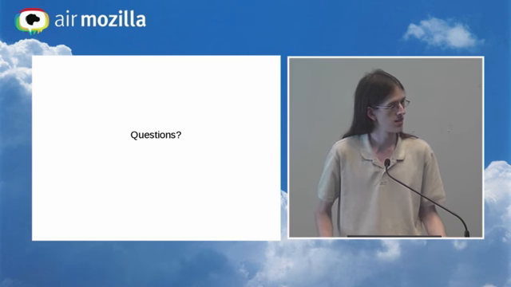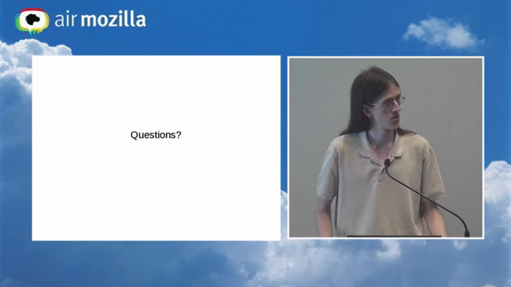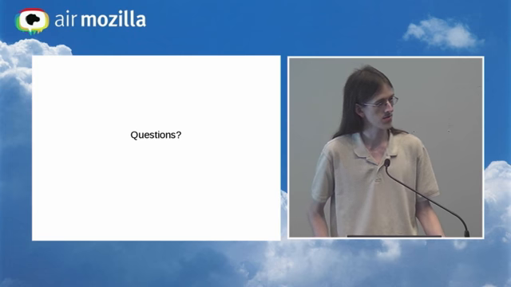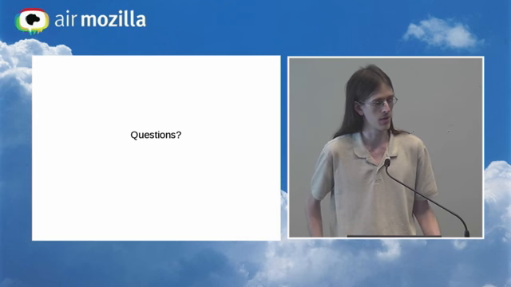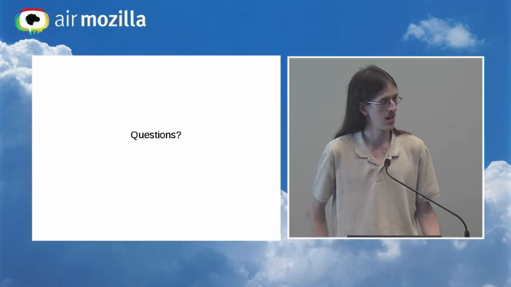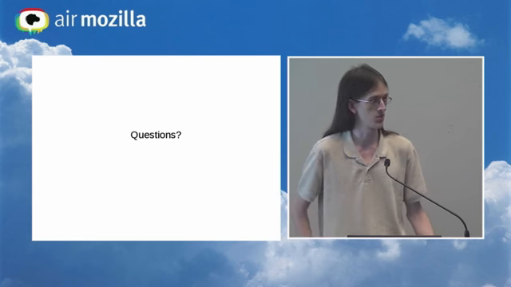Yes. The question is, for turning this on by default, do we have a way to find out how many cores the machine actually has? And I'm not sure if Rust does have such a mechanism. Okay, so we can use that.